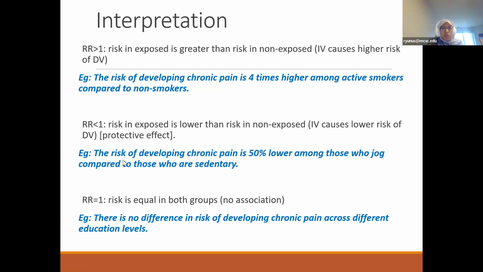For example, the risk of developing chronic pain is 50% lower among those who jog compared to those who are sedentary. So you can see that your relative risk is less than 1. That simply means the relationship is there, but it is protective in nature. If you are exposed to a certain healthy habit, your risk of getting a certain disease is lower than those who do not adopt this healthy lifestyle.